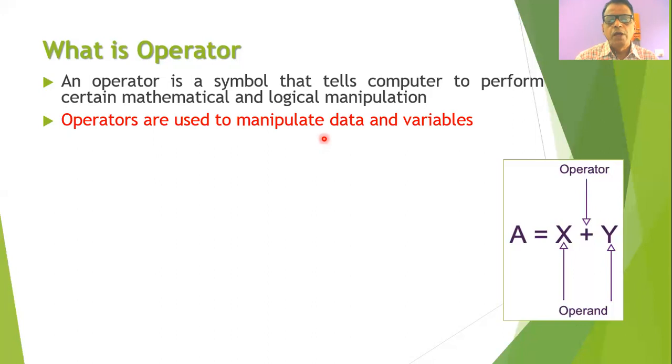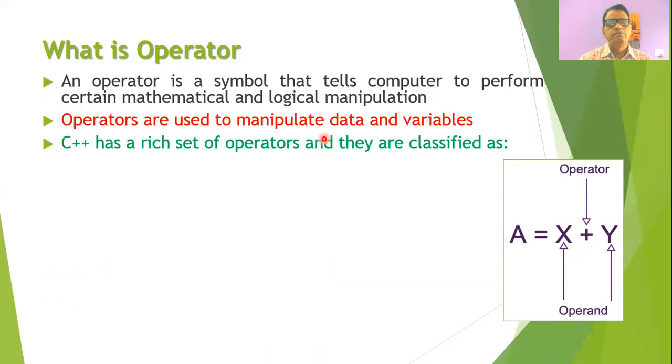Operators are used to manipulate the data and variables. Whenever we use an operator, the data is manipulated and the new value is normally assigned to a variable, and therefore we say they are used to manipulate the data and variables.